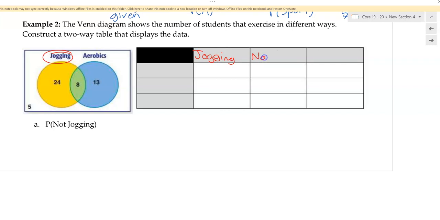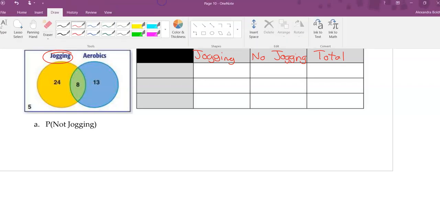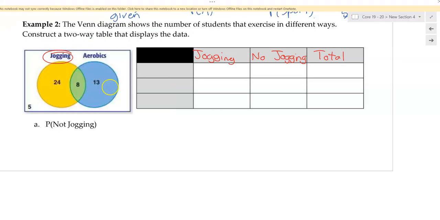No jogging. And our total. Our second heading is aerobics versus no aerobics, and our total.